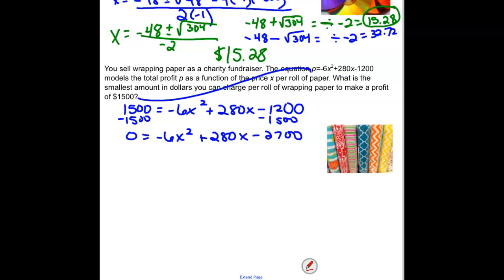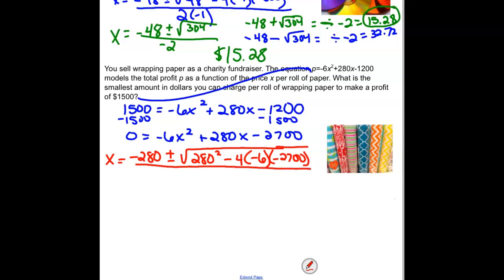All right, setting up our quadratic formula. x equals the opposite of b, so negative 280, plus minus the square root, 280 squared, minus 4 times our a value of negative 6 times our c value of negative 2700. The whole thing is getting divided by 2 times negative 6, 2 times a.